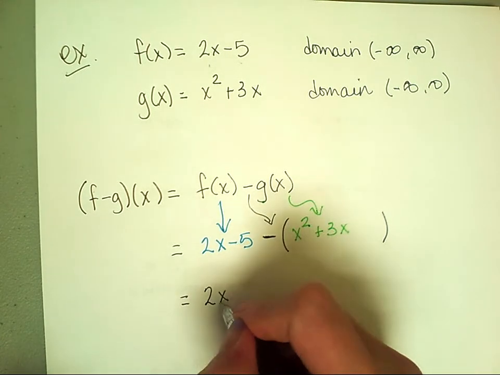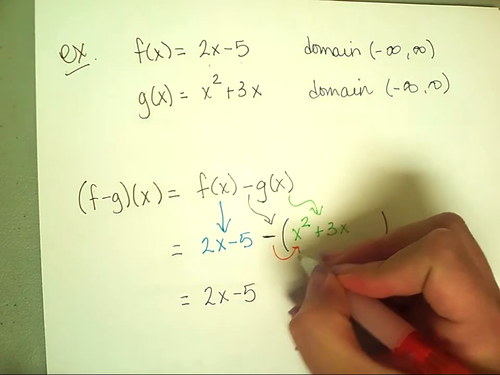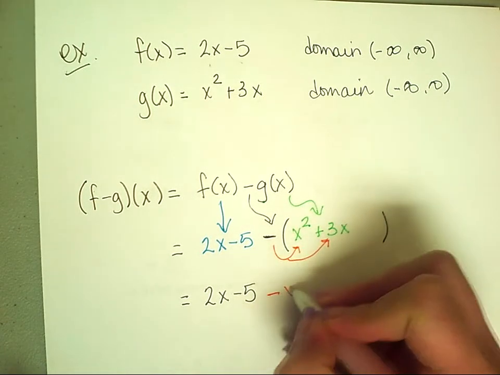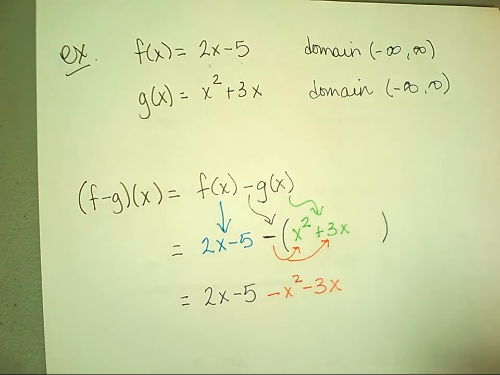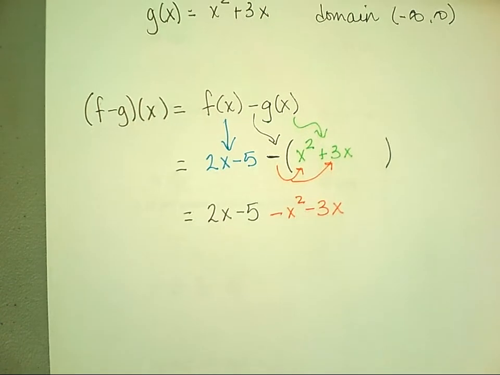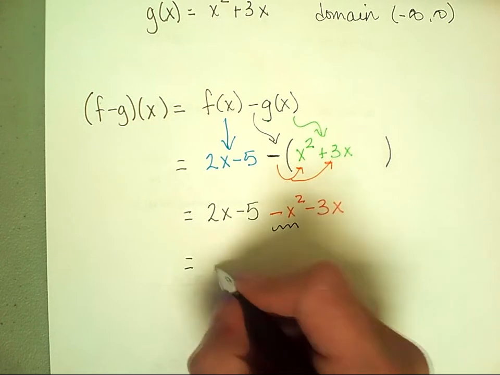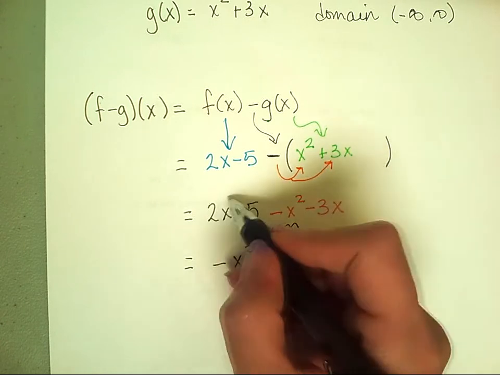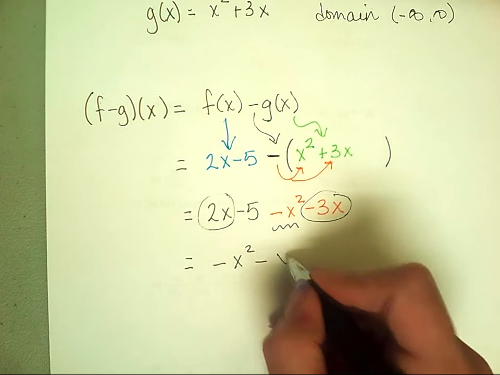So just copying the 2x minus 5, I need to distribute this negative through. And then we can just combine like terms. X squared, negative x squared is the first. We have 2x minus 3x, which is minus x.